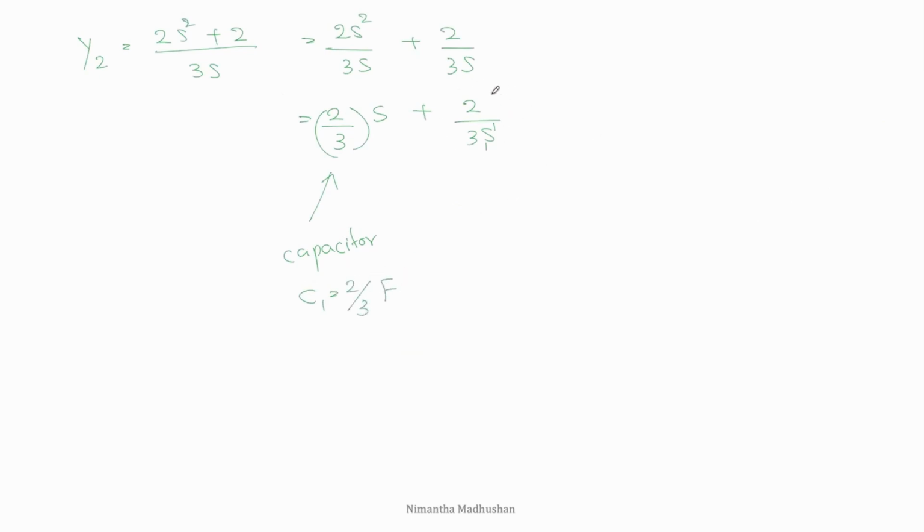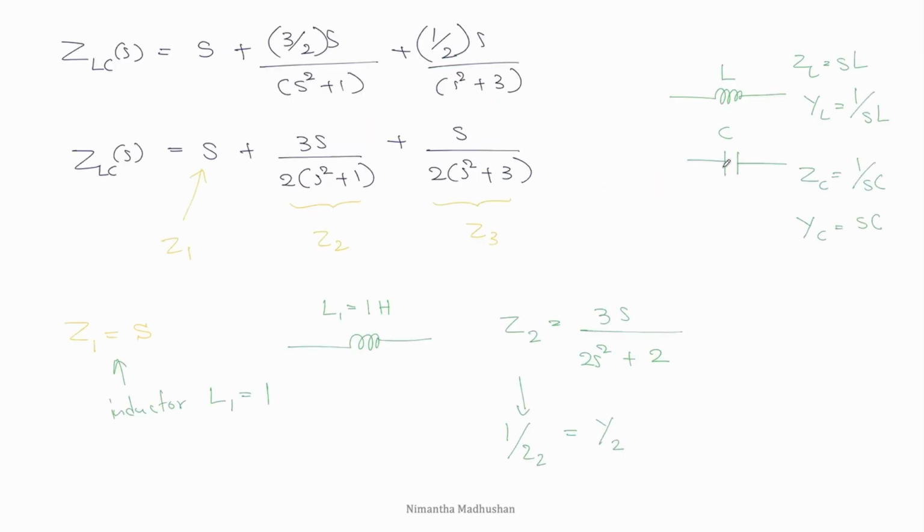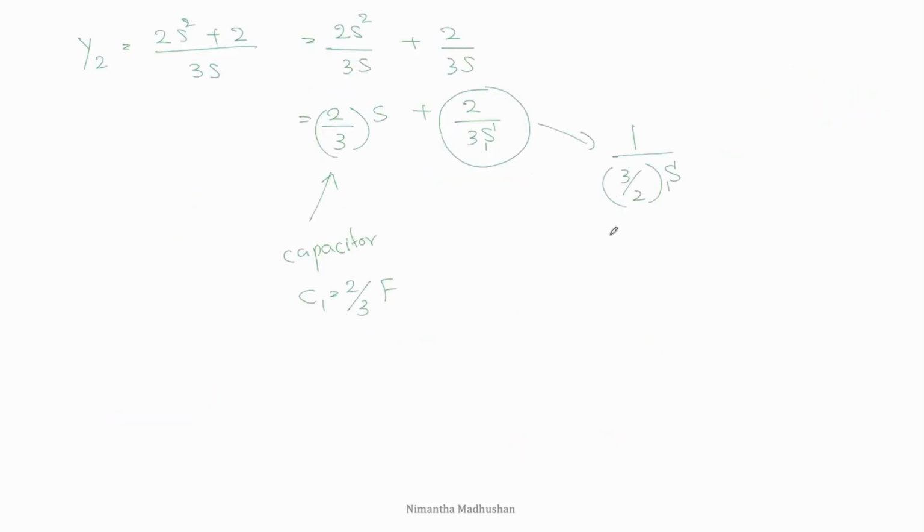And if I check this one, I will rearrange it as 1 over 3 over 2 times S. If we check the admittance value of the capacitor and inductor, it is similar to the admittance value of an inductor. Then it will be an inductor. This one is the inductor value, L2 is equal to 3 over 2 Henry.